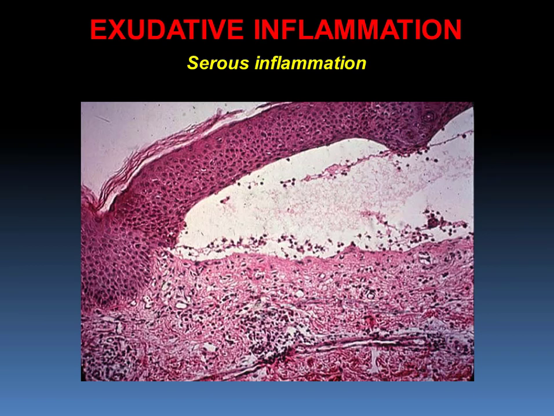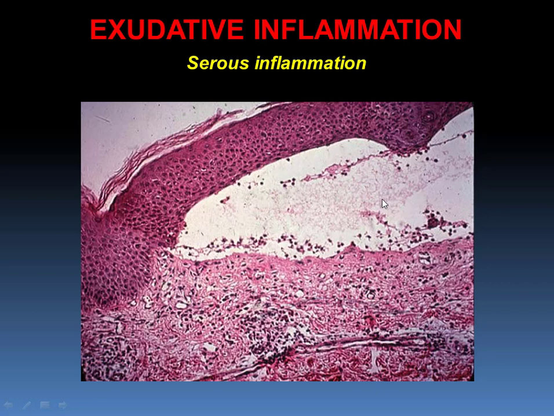For example, in the photo we can see the skin: keratin layer, multilayered squamous epithelium which is epidermis, and dermis with blood vessels. Between epidermis and dermis there is a cavity, the bulla, filled with serous exudate, and we can see the composition of this serous exudate.